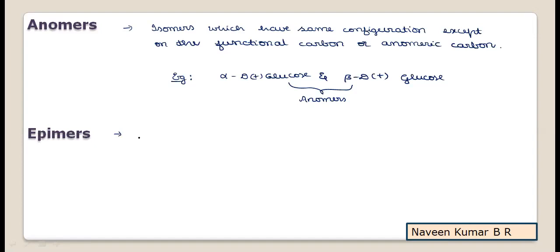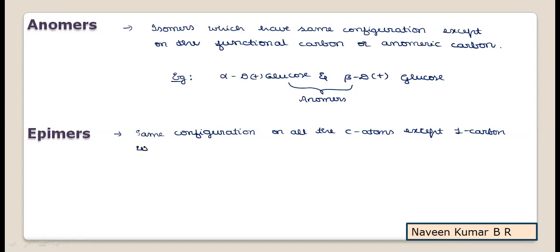The difference is that they have the same configuration on all the carbon atoms except one carbon, which is not the anomeric carbon.